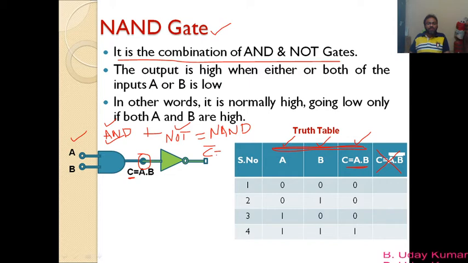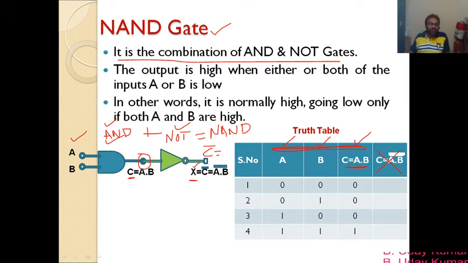This C bar you can call anything: X, Y, Z, whatever it may be. Here I have taken it as X. So X is the output of the NOT gate, and it is also the output of the entire NAND gate, as you can see from the figure.